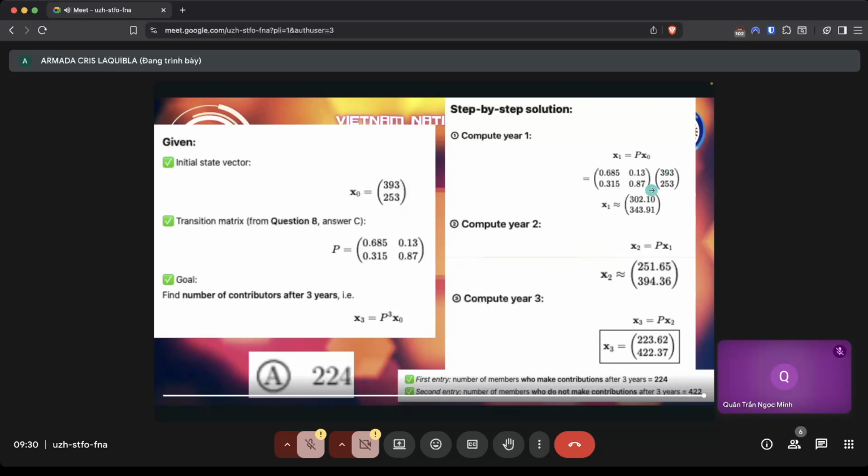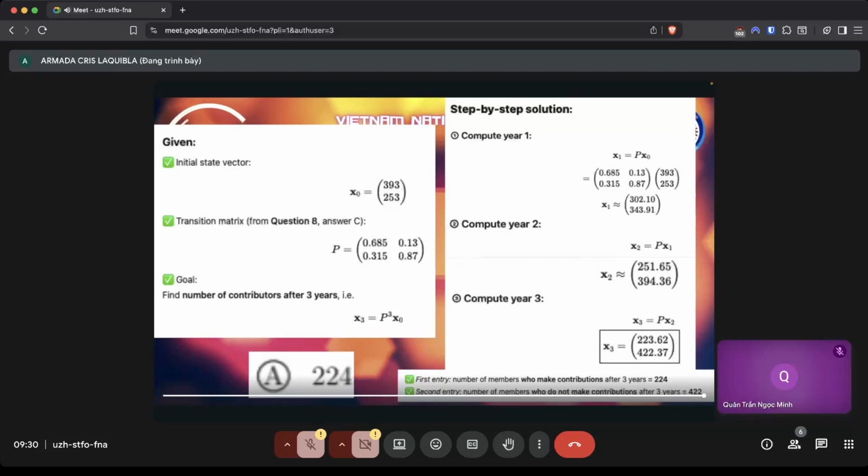But it's better if you do it step by step here at the side, because sometimes there are follow-up questions. If there are no follow-up questions, you can multiply P three times, then multiply that with the X sub 0. Your initial vector must be at the right side of the matrix.